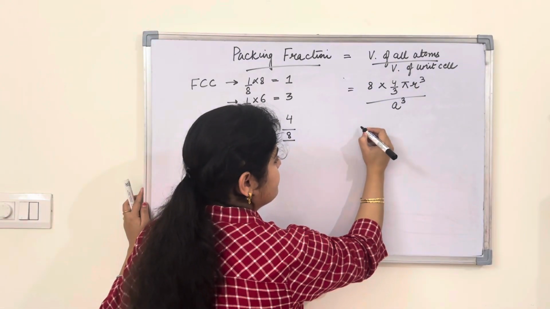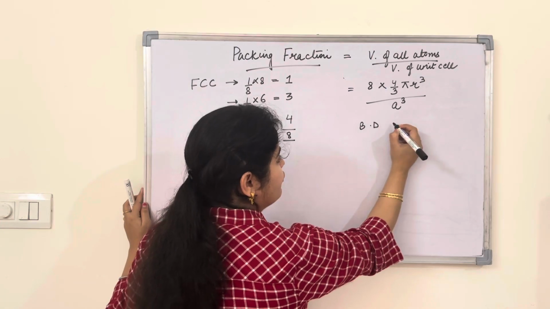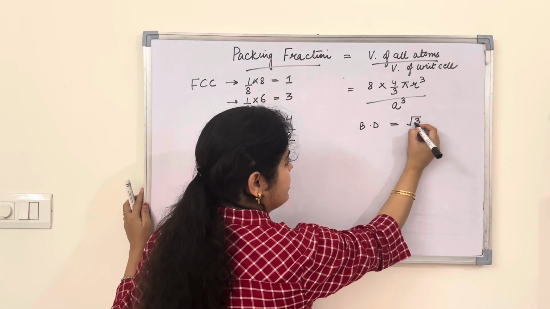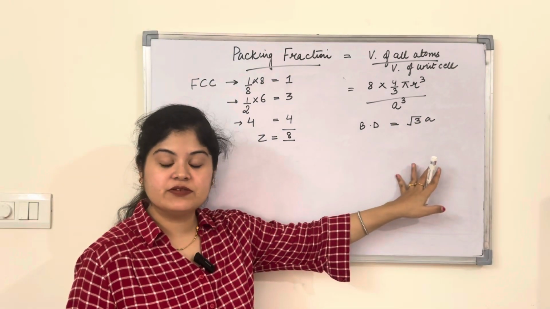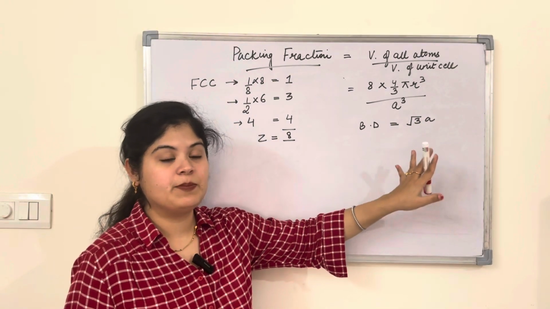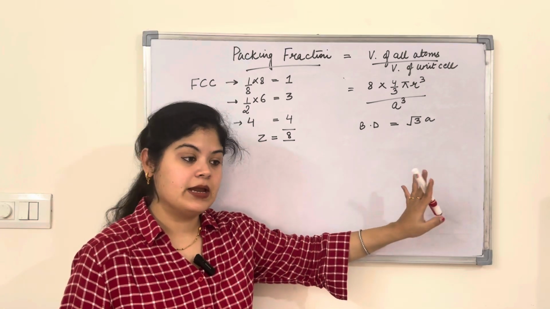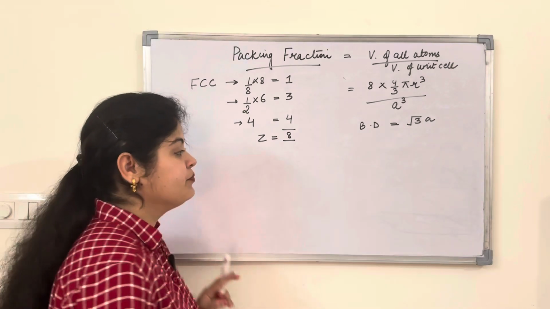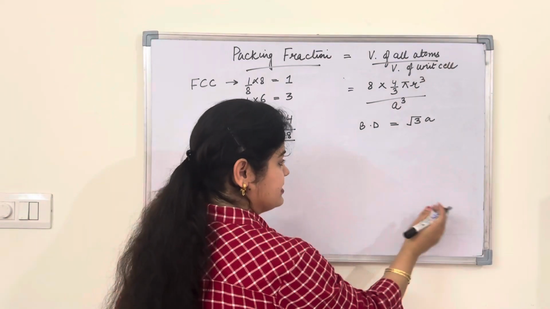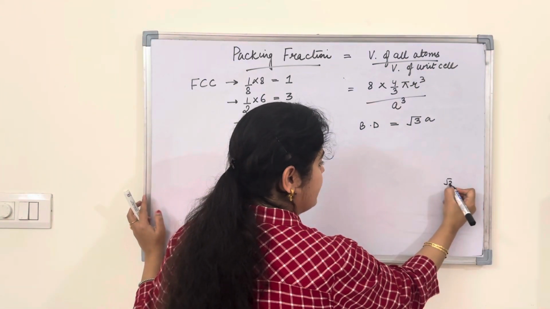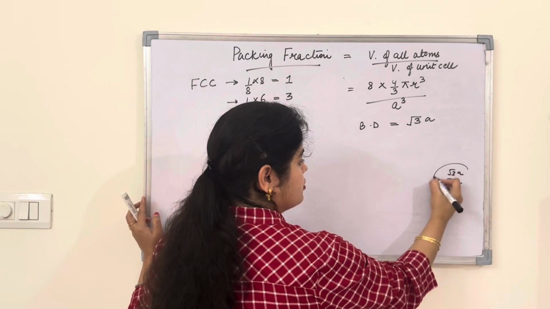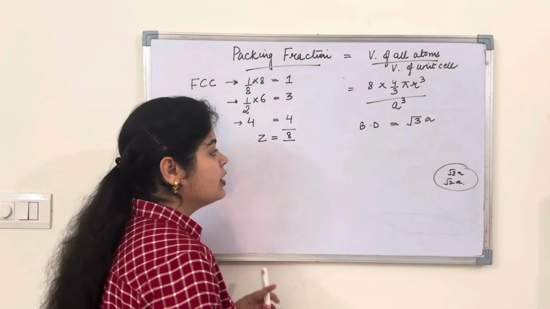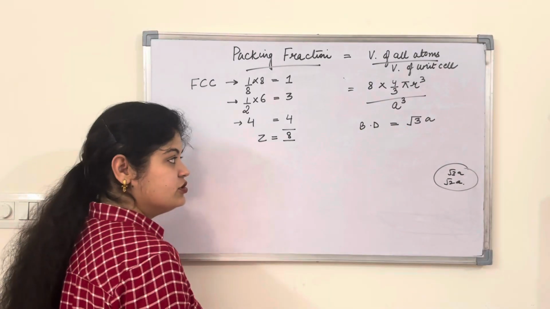So we know that in a cube, the face diagonal is given by under root 2a and the body diagonal is given by under root 3a. I have explained this in previous videos, where I calculated packing fraction for FCC and BCC.